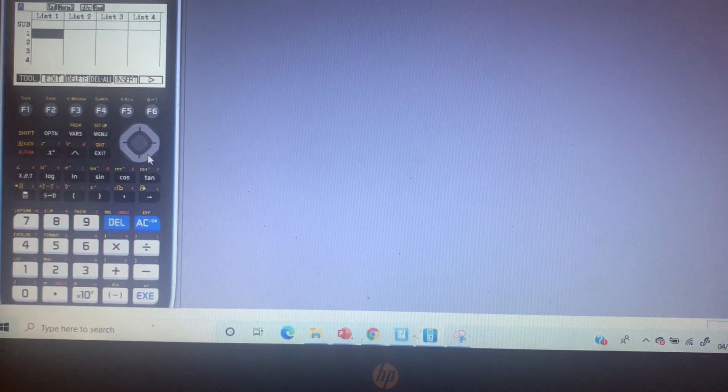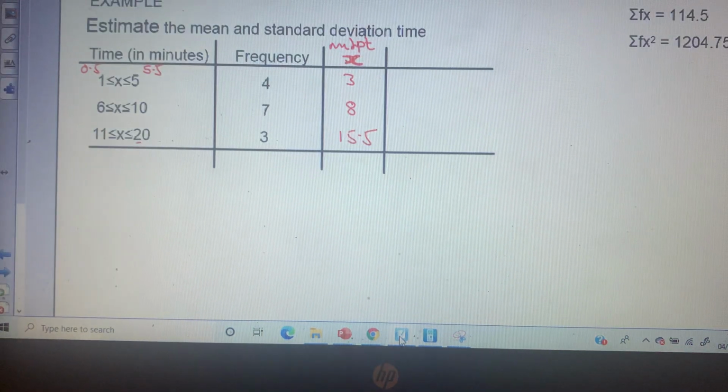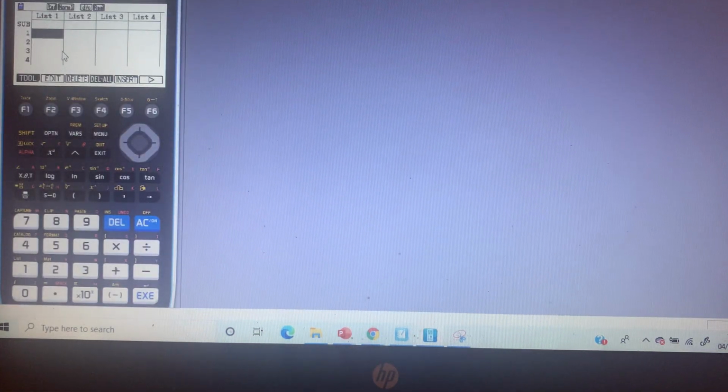So our midpoints, which are my x values, which I've now totally forgotten, are 3, 8 and 15.5. So they are my values of x. And now my frequencies, scroll across.